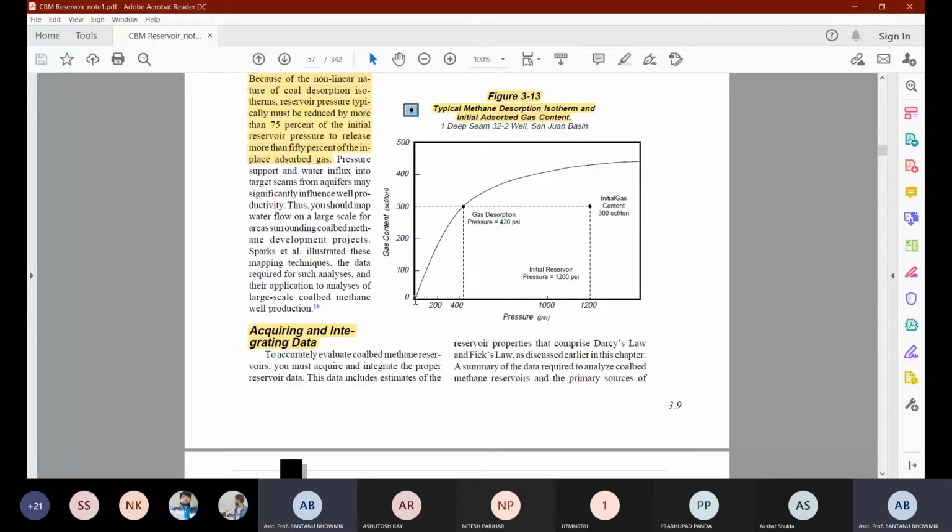In some cases the pore volume is not totally void; sometimes it is filled with water or any other fluid. In the case of moisture also, there is mobile moisture and immobile moisture. Suppose you take a coal from some depth.